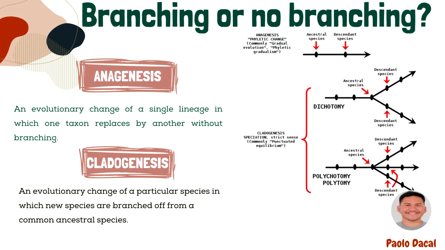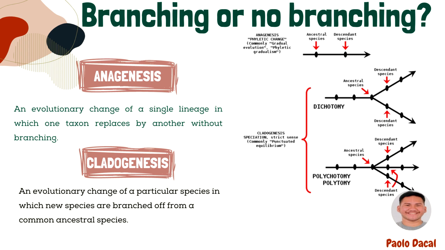Anagenesis and cladogenesis are two types of evolutionary mechanisms. Both anagenesis and cladogenesis lead to speciation. Anagenesis is the transformation of a particular lineage of organisms to a different state, which can be justified as a new species from its ancestral species, while cladogenesis is the splitting of an ancestral species into several new species.